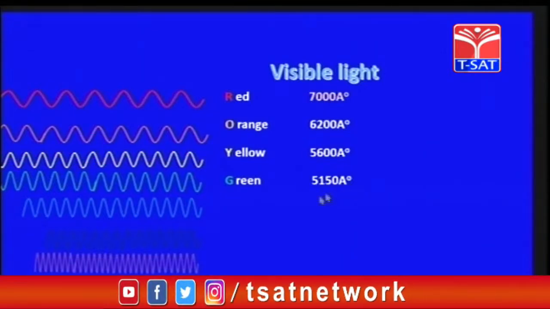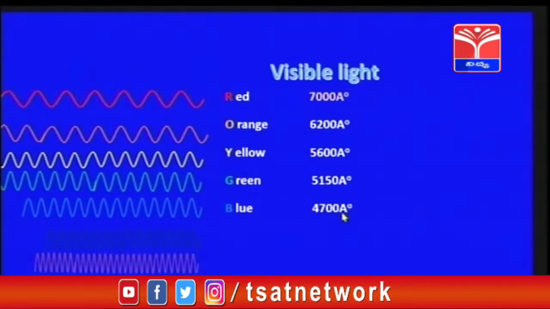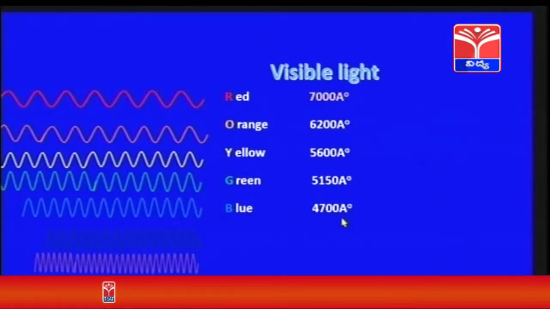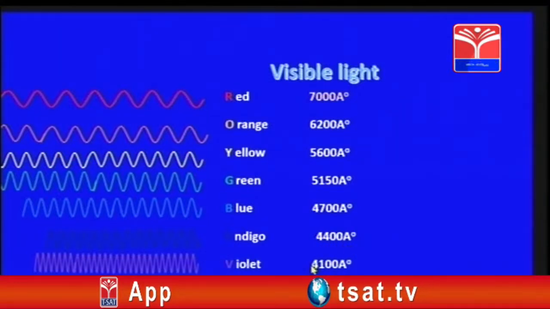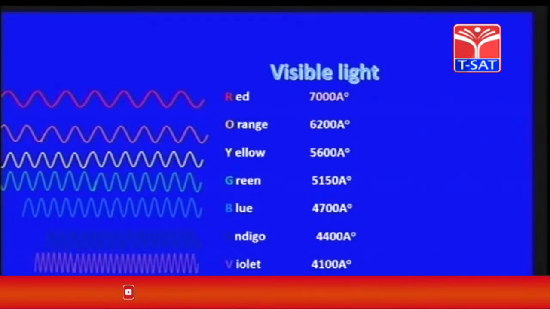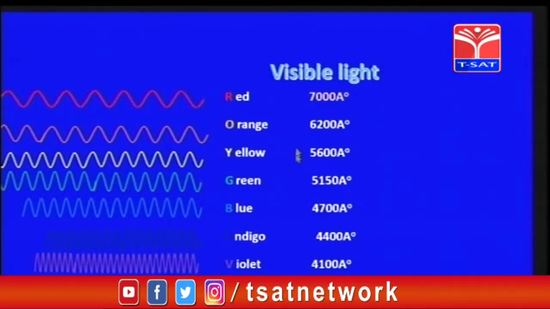Likewise blue 4700 angstroms, indigo 4400 angstroms, and violet, which has the shortest wavelength in visible light, 4100 angstroms. So these are the wavelength ranges for visible light.